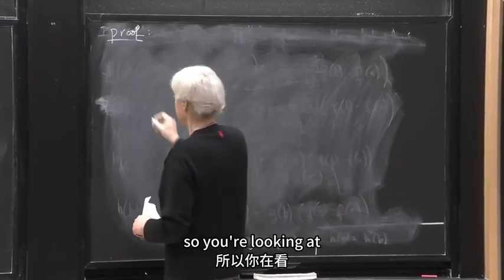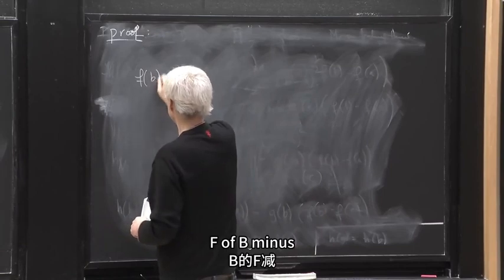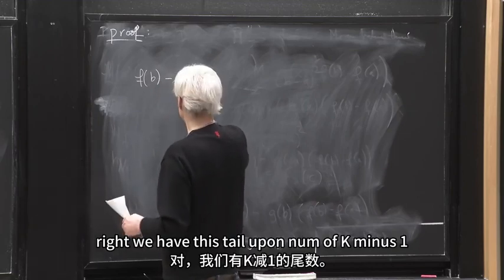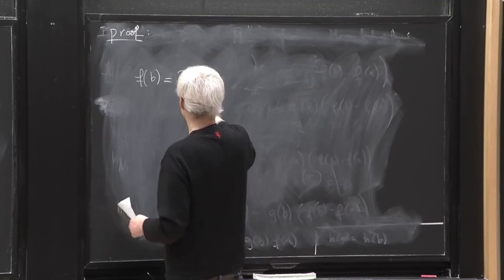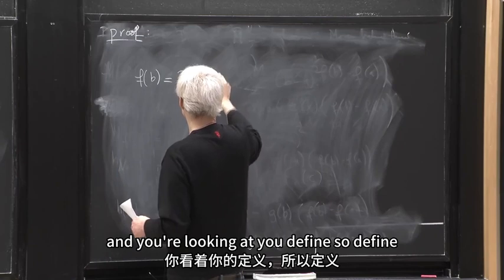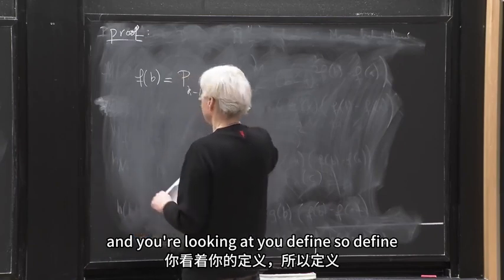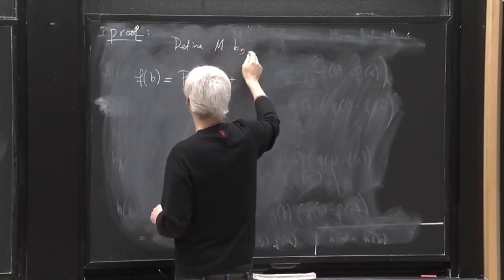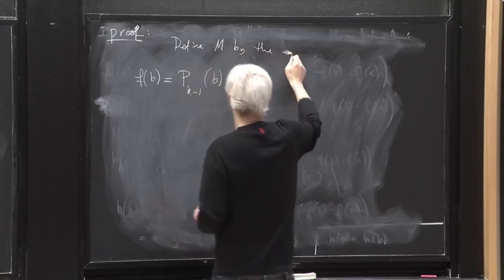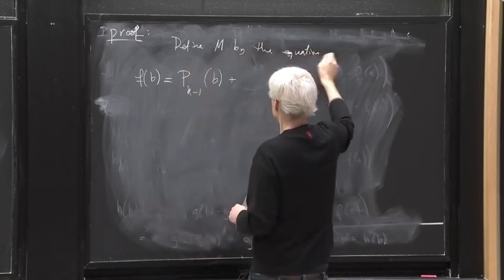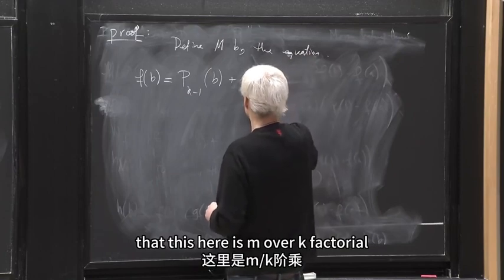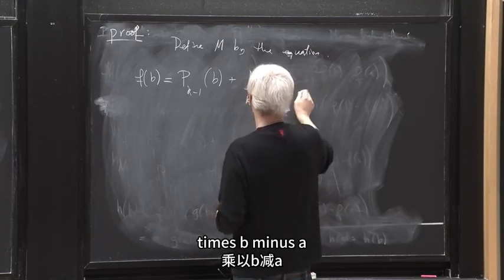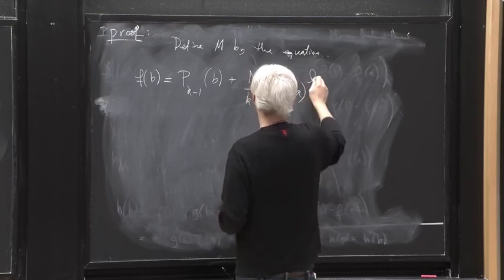So you're looking at f of b minus, right, we have this Taylor polynomial, the k minus 1 Taylor polynomial. And you define m by the equation that this here is m over k factorial times b minus a to the power k.